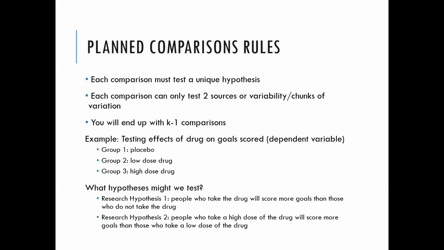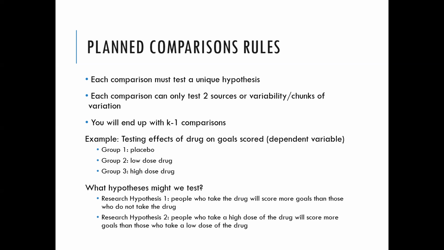So here's an example. Let's say we want to test the effects of a drug on goals scored, and goals scored is our dependent variable. So group 1 would be the placebo, group 2 would be a low dose of the drug, and group 3 would be a high dose of that drug.